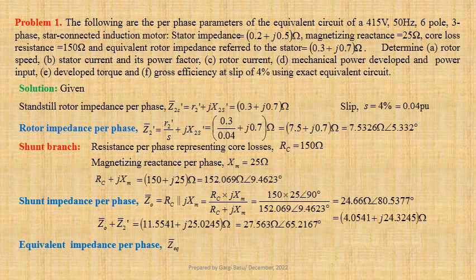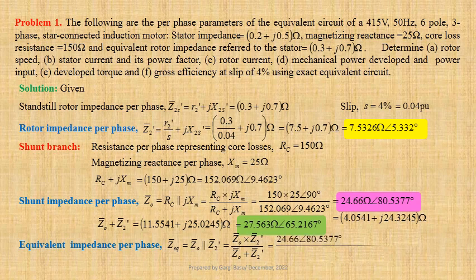Now we shall calculate equivalent impedance per phase. ZEQ equals Z0 parallel with Z2', that is Z0 into Z2' divided by Z0 plus Z2'. Using values we get 24.66 at an angle 80.5377 degree into 7.5326 at an angle 5.332 degree divided by 27.563 at an angle 65.2167 degree.